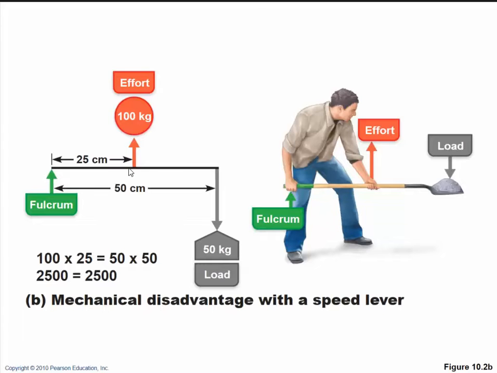So you use 100 kilograms of effort, 25 centimeters from the fulcrum, and you get to move 50 kilograms of load 50 centimeters from the fulcrum. So you have a mechanical disadvantage. But what you get, in fact, is speed, because your hand, the effort hand, moves less than the load. So the load moves further in the same amount of time, so therefore it moves faster.